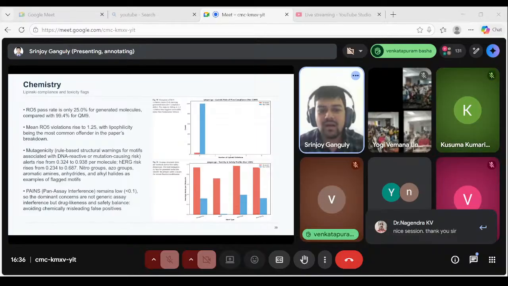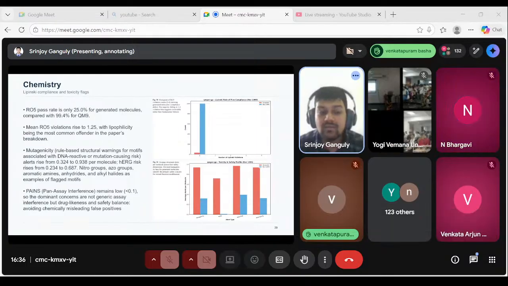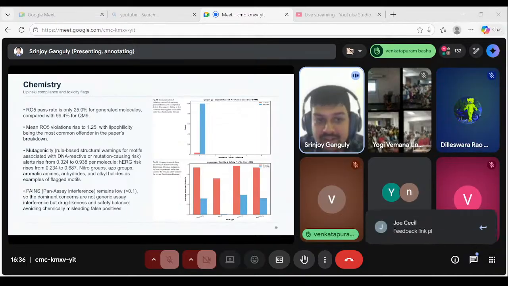We also take into account the mutagenicity, which basically just tells you about the structural warnings.